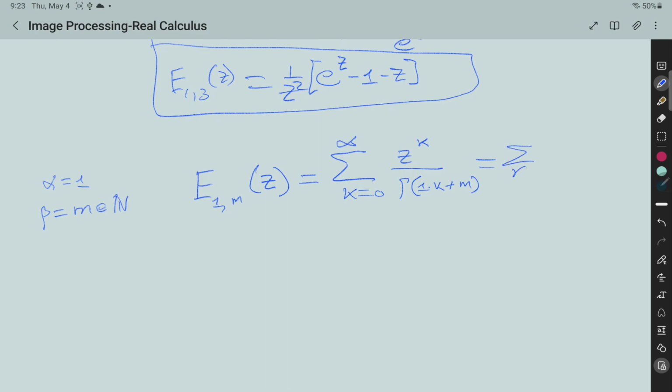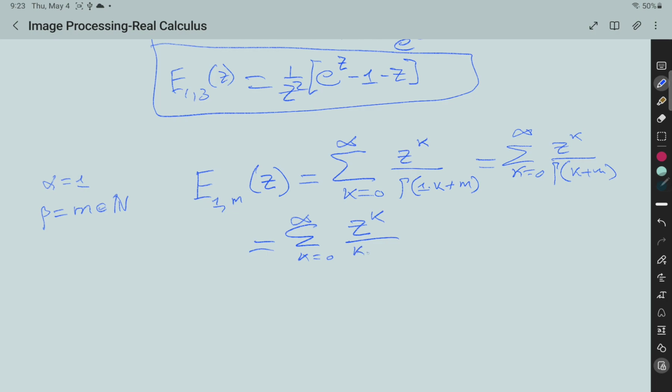This is the infinite sum, k from 0 to infinity, z to the k power, and then divided by gamma of k plus m. Okay. But that is nothing more than just k plus m minus 1 factorial. Okay. So you have the sum going from k equals 0 to infinity, z to the k.